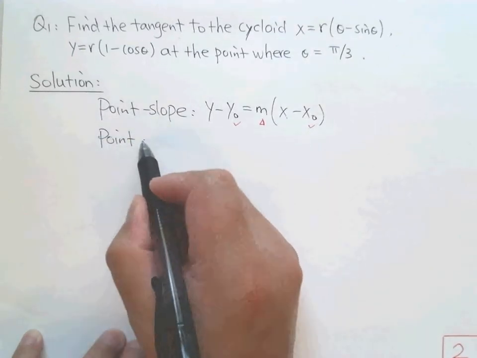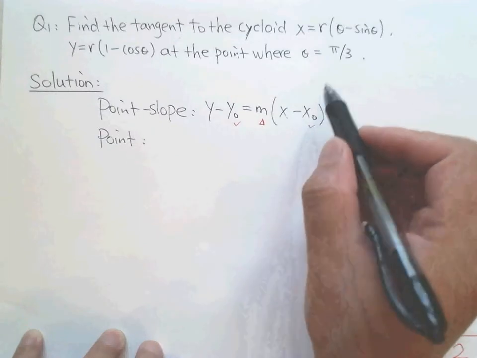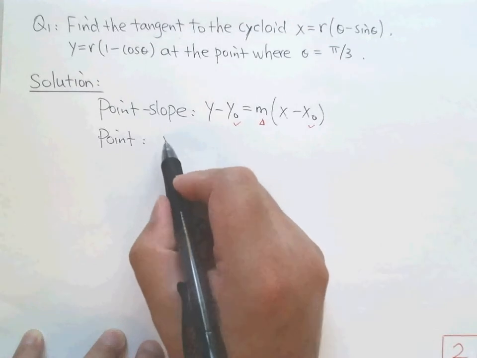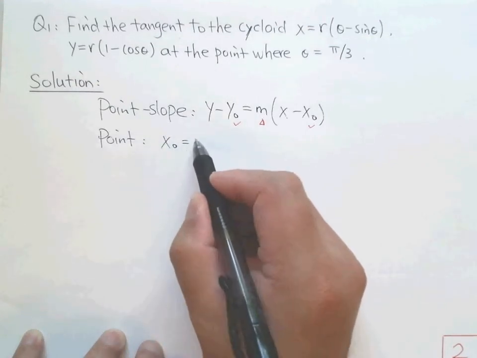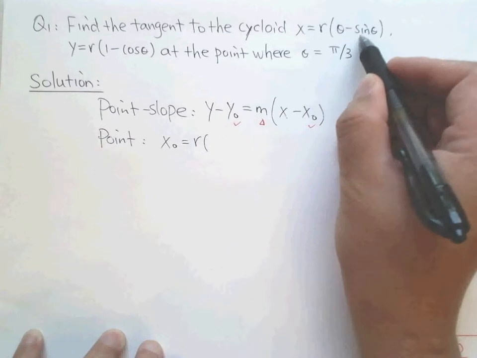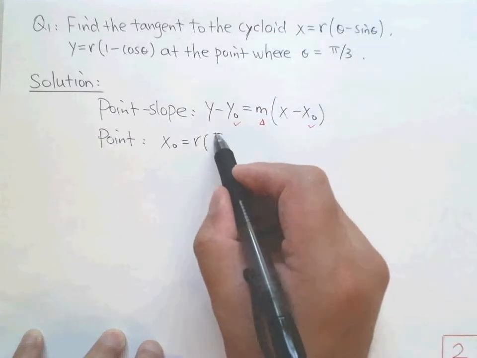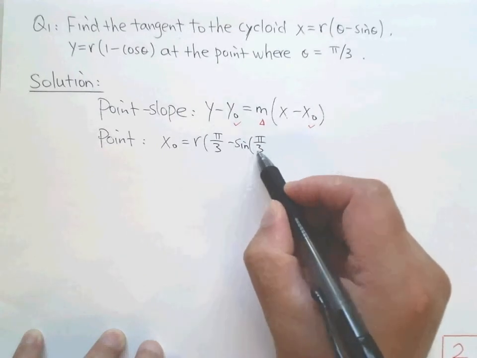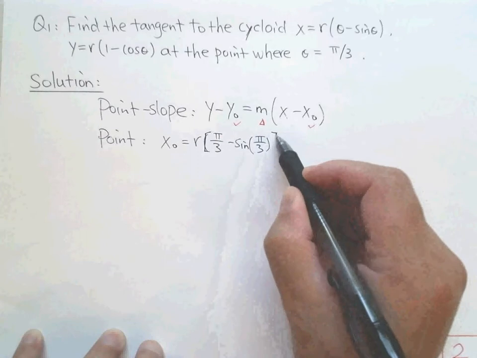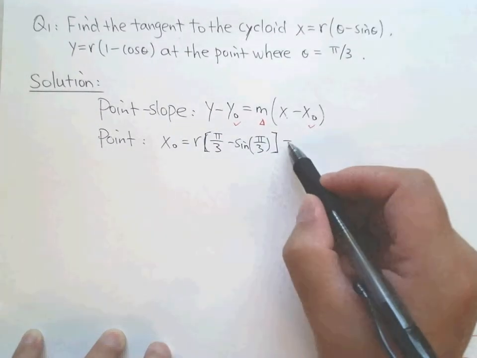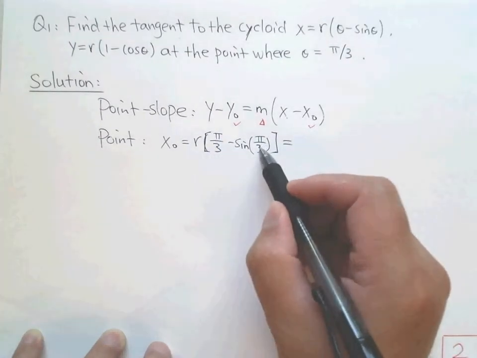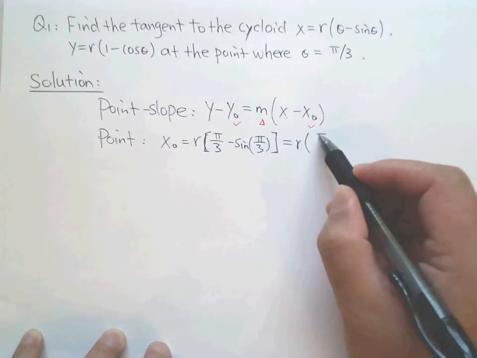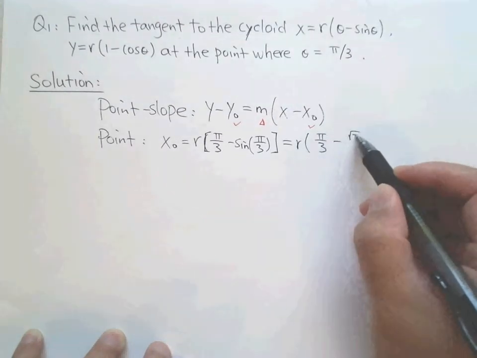What is the point? We need to find x0, which means x at theta equals pi over 3. So x0 is r times (pi over 3 minus sine of pi over 3). Sine at 60 degrees is square root of 3 over 2. So the first is pi over 3, and the second is square root of 3 over 2.